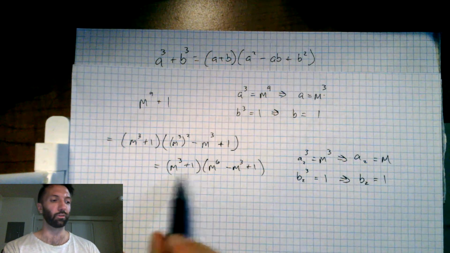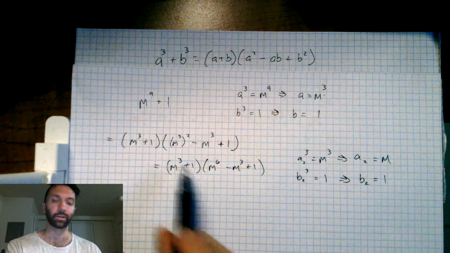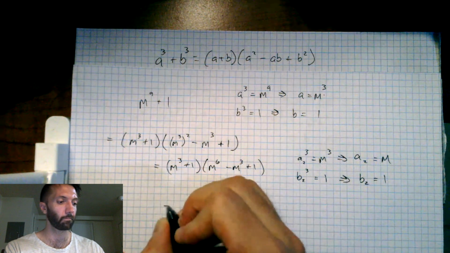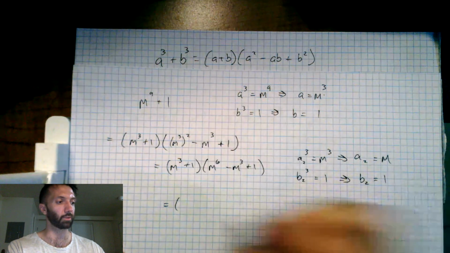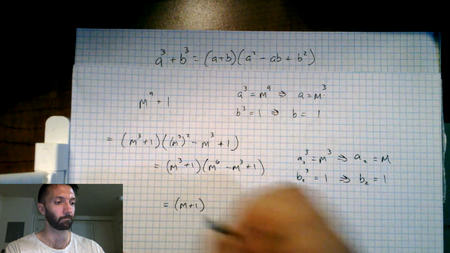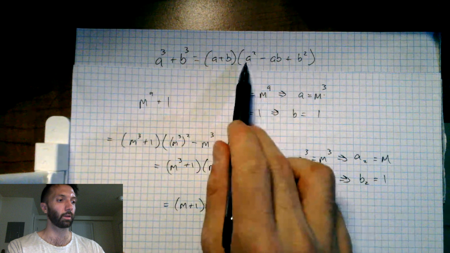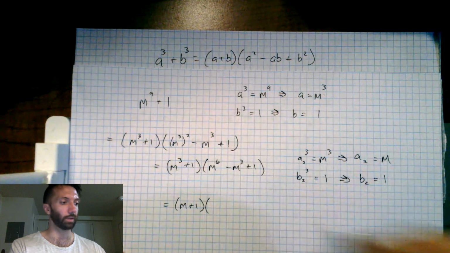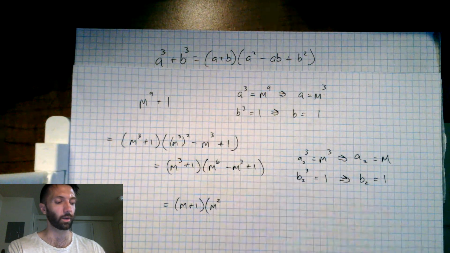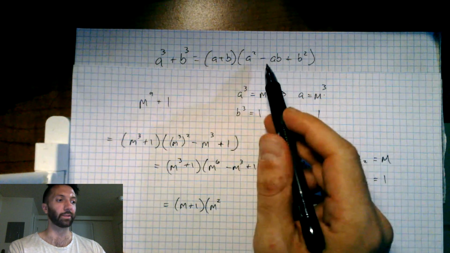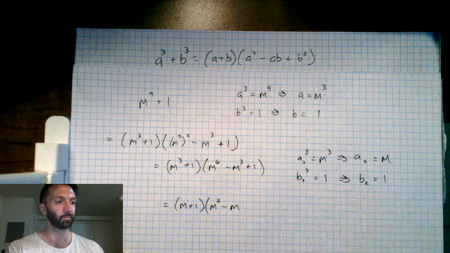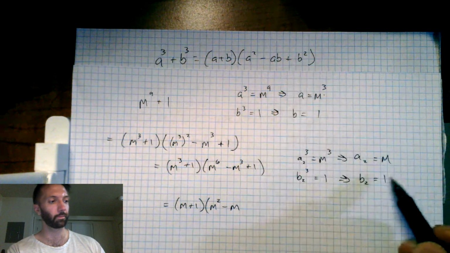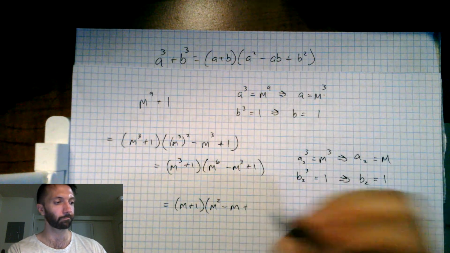And now we will factor this factor here. So a plus b, that's going to be m plus 1. a squared, a is m, so a squared is m squared, minus ab would be m, plus b squared, that's just going to be 1.